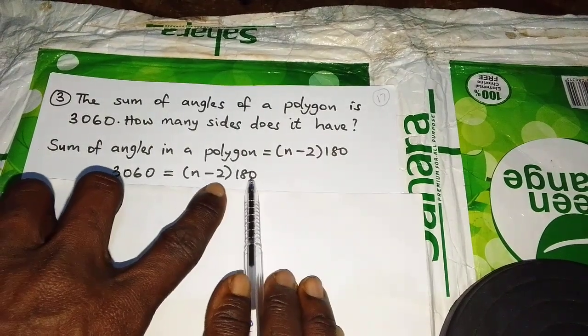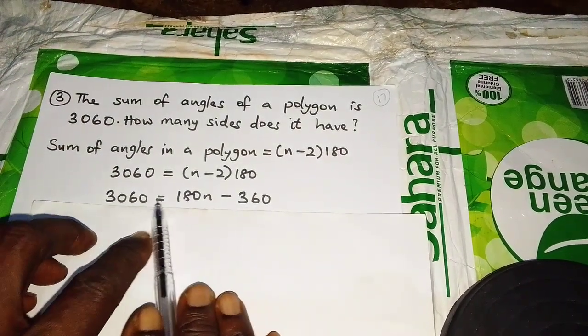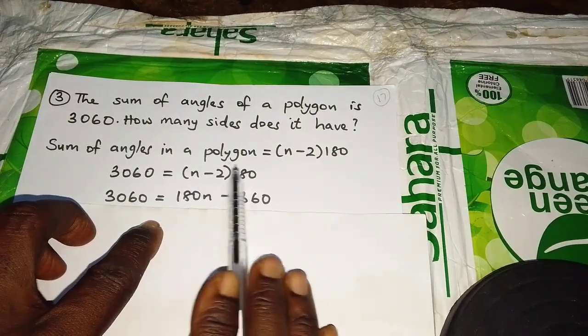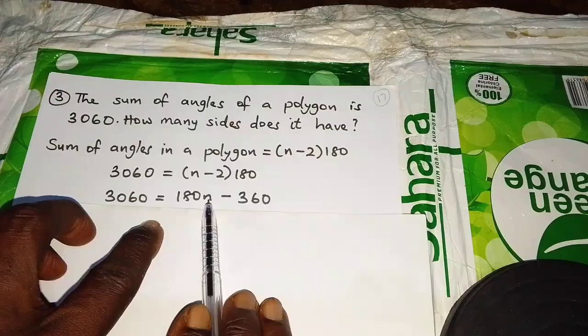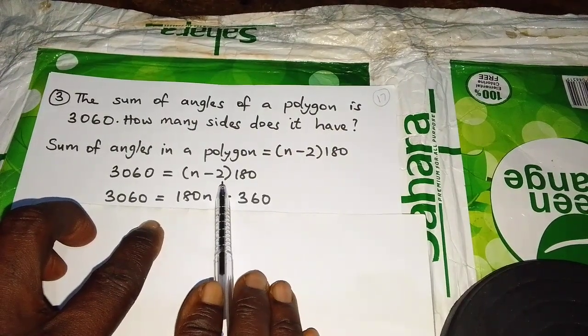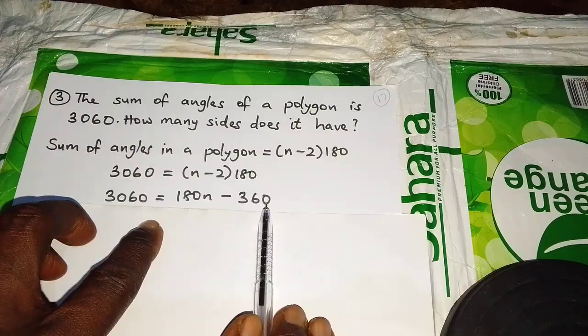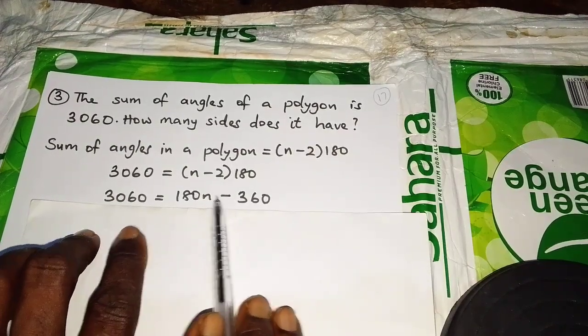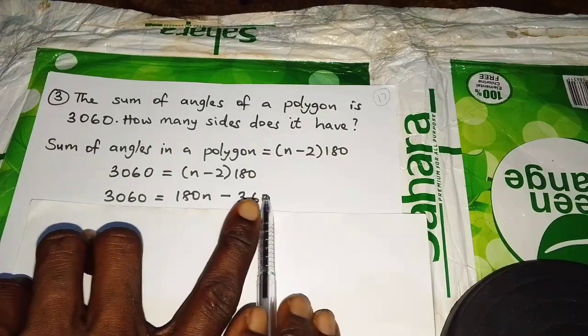From here you open the bracket. So you have 3060 is equal to n times 180, which gives 180n, minus 2 times 180, which gives 360. This 180 has n, this one does not have n.